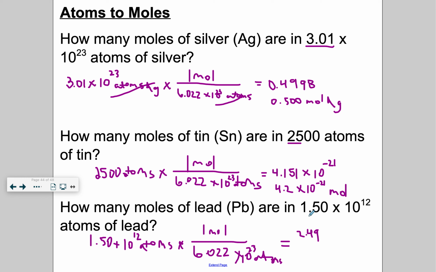I'm just going to leave it because I'm looking at my sig figs here and I don't want to rewrite this again. 2.49 times 10 to the negative 12. And the unit is moles. Okay, so that's going from atoms to moles.